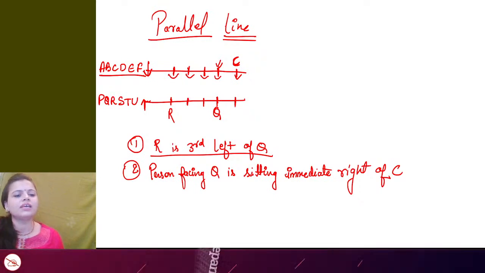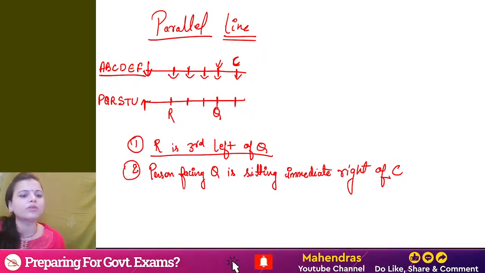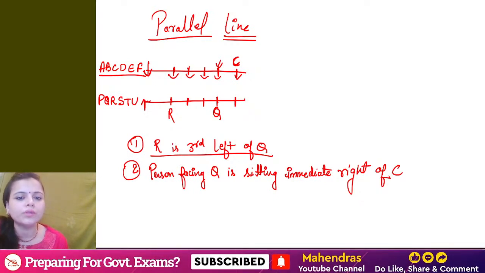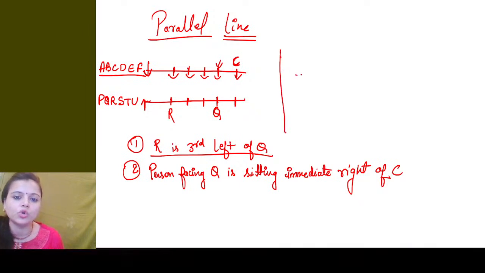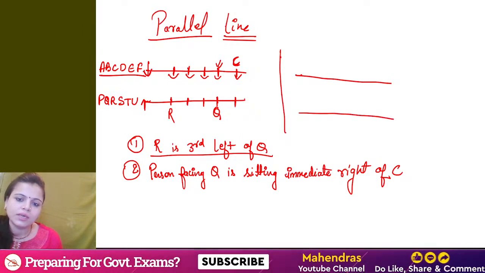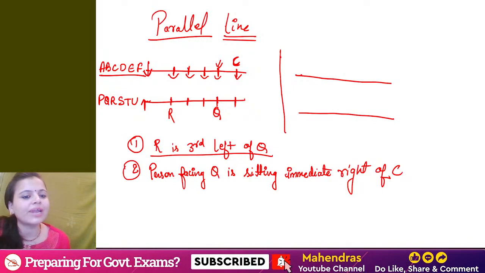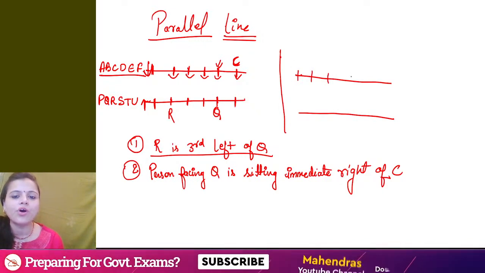If a hint is not given about the position, then in that case you have to take two diagrams. In one diagram, take one extra person on the left end, and in the second diagram on the right end.